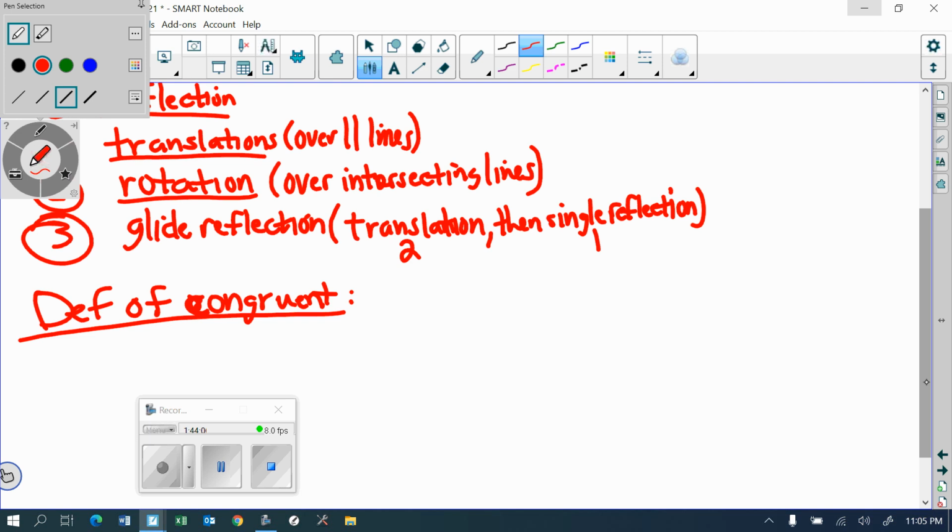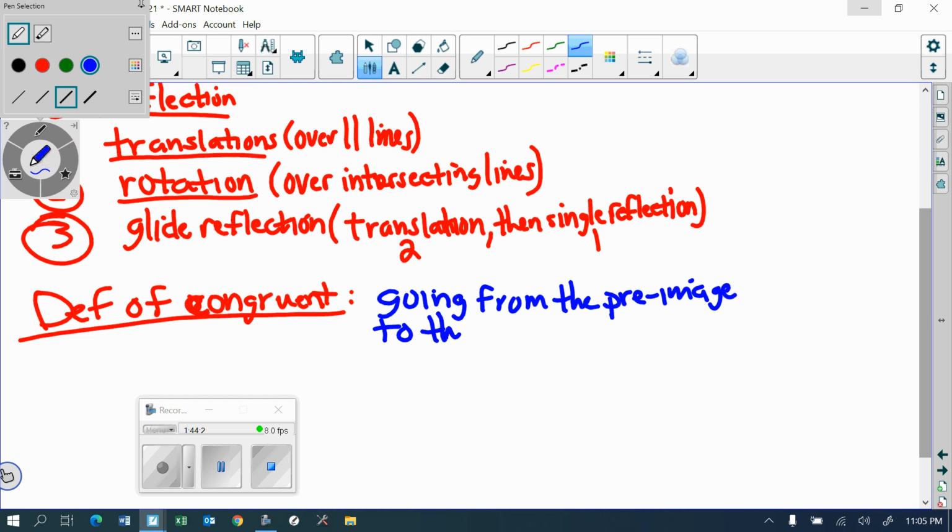Definition of congruent: going from the pre-image to the image, and I'll break down those words here in a second, by any combination of rigid motions.